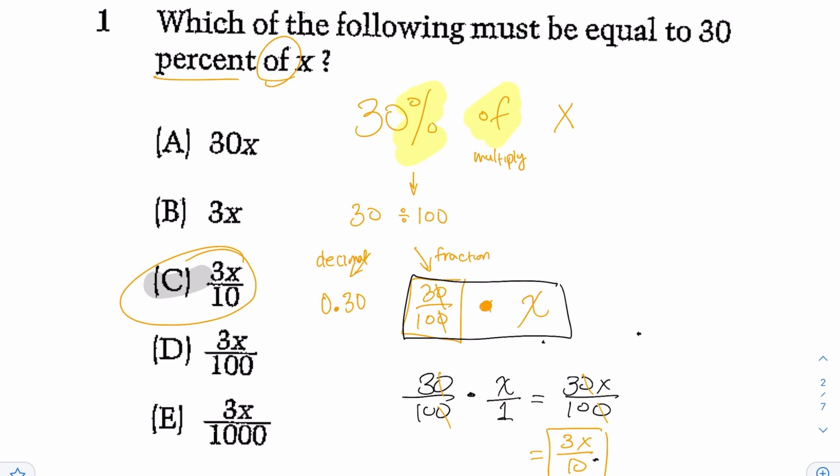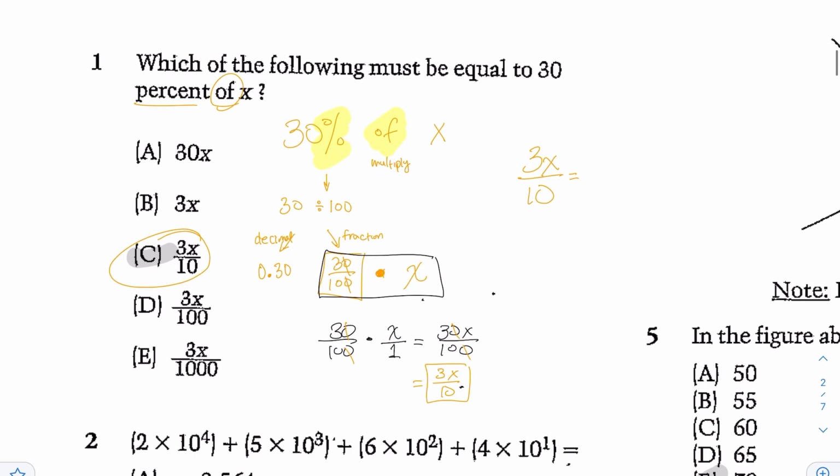Now, if you look at this expression, 3x over 10, you could write this a couple of ways. You can see it as written in choice C, but you can also see this as two separate fractions, like 3/10 times x. You could even have any of these parts split up. So you can have, let's say, 3x times 1/10, for example.